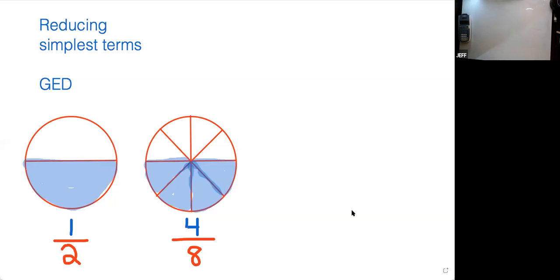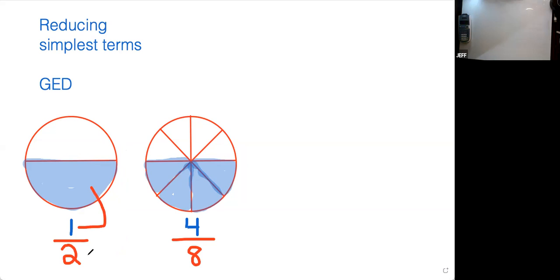This is the old school way of doing it with the old pizza. When we reduce fractions, if you cut a pizza in half and I ate at least a half, the total number of pieces, 2, is the bottom number. And the part that we're talking about goes on top.